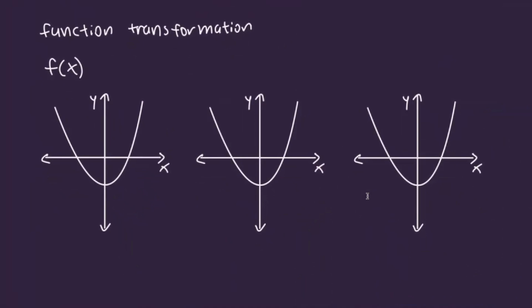What happens if you negate the graph where you have negative f of x? When this happens, it is flipped over the x-axis. So you will have a graph that looks like this.